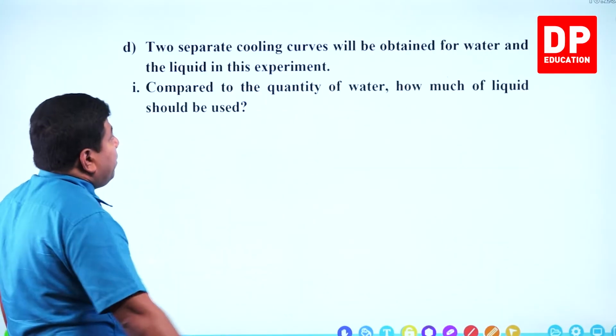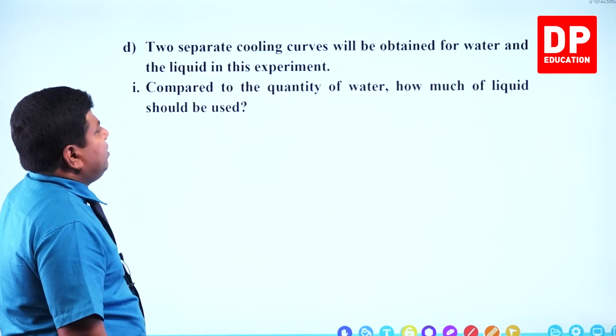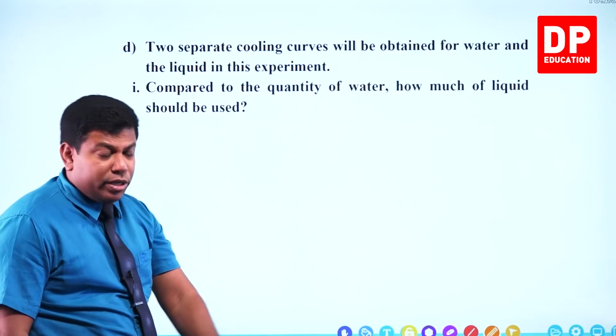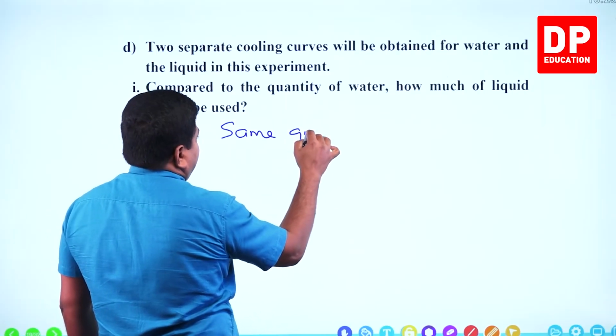Next, two separate cooling curves will be obtained for water and the liquid in this experiment. Compared to the quantity of water, how much of liquid should be used? Again, same question. It must be same amount, same quantity.